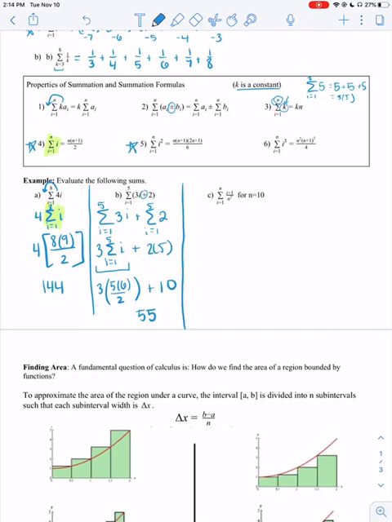And then for C, you're going to see one or two like this in the homework. And in the homework, it'll say for n equals 10, 100, and 1000. Now for the notes, we're only going to do it for 10. But I want you to see the purpose here. I'm not going to just replace the n with a 10, because then you'd have to do the problem kind of like 3 times.